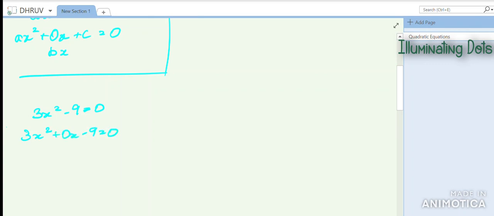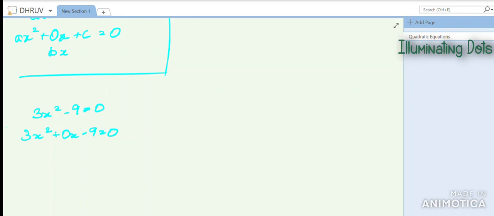So here 0x took place of bx, that is b is equals to 0 and x. So basically b, 0 into x becomes 0, and you do not have to add or subtract there to write it. You don't have to write it to show it there, but since you need to show it for the application in the formulas in the next part of the exercises, you have the formulas to solve it.